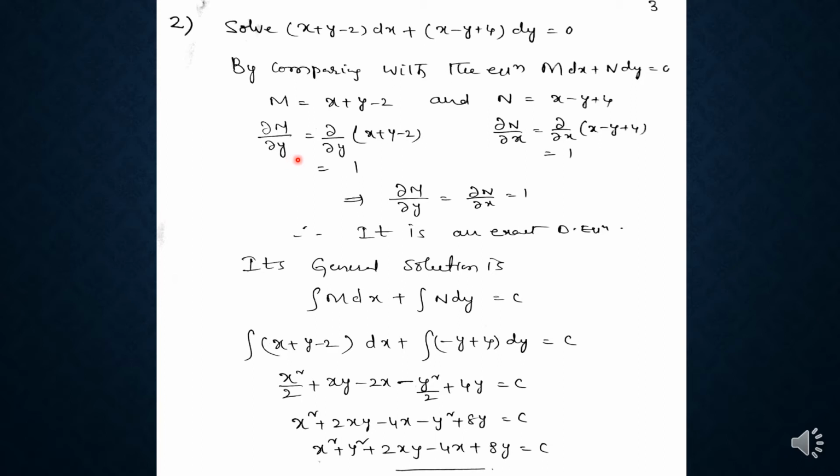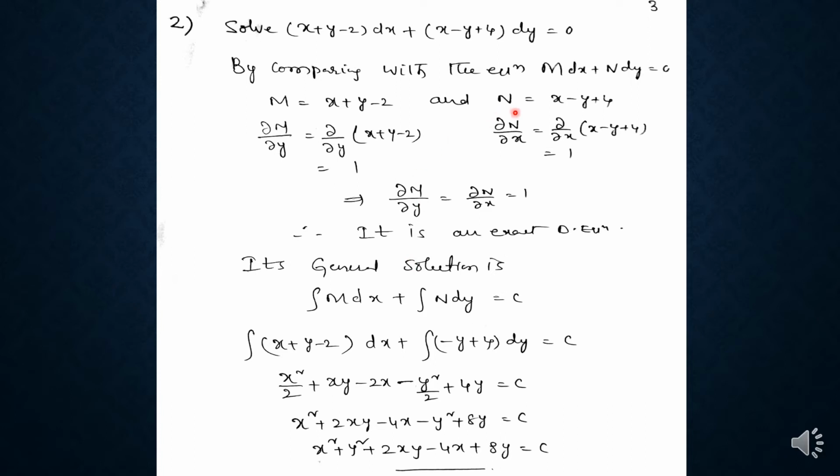So ∂/∂y of x is 0 because x is a constant, and ∂/∂y of y is 1, minus ∂/∂y of 2 is 0. So ∂M/∂y is equal to 1.